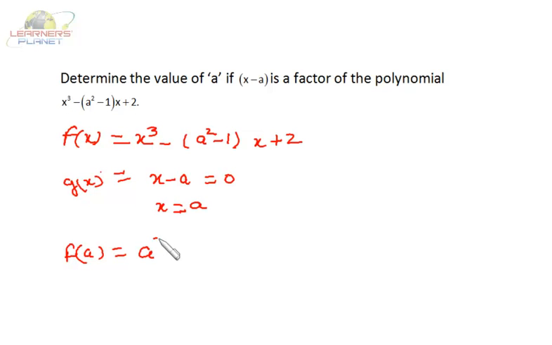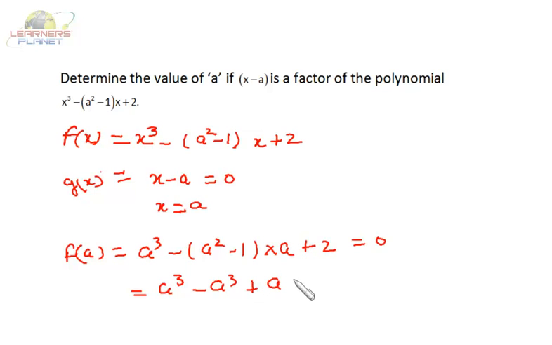So it is a cube minus a square minus 1 into a plus 2, and it should be 0 if x minus a is a factor of it. So let's calculate. It's a cube minus a cube plus a plus 2, which is 0. That means a is equal to minus 2. Okay, so we got the value of a as minus 2.